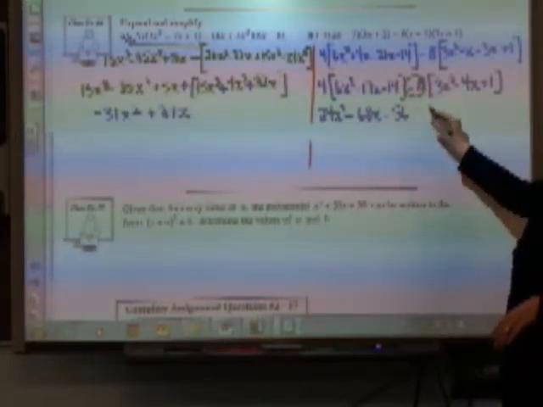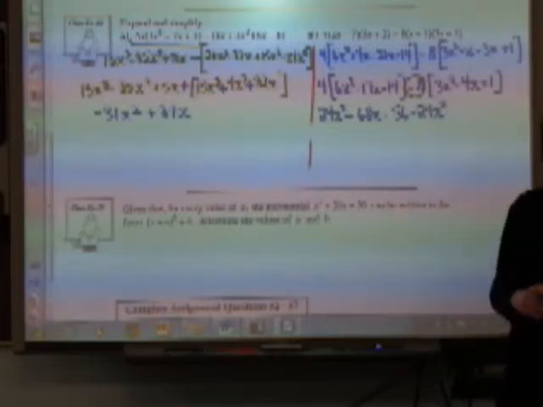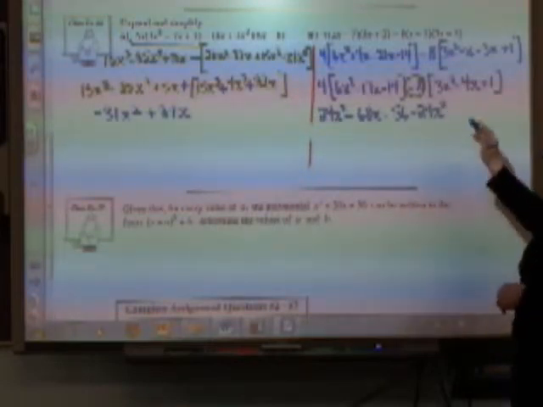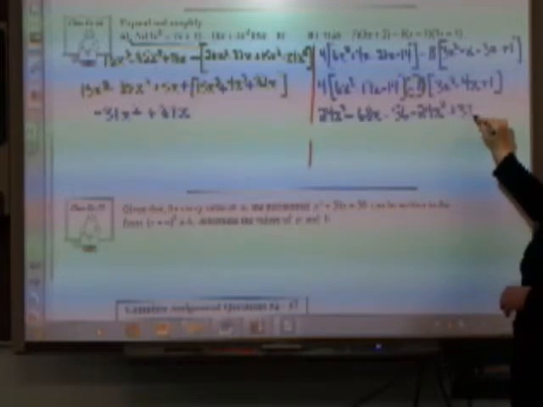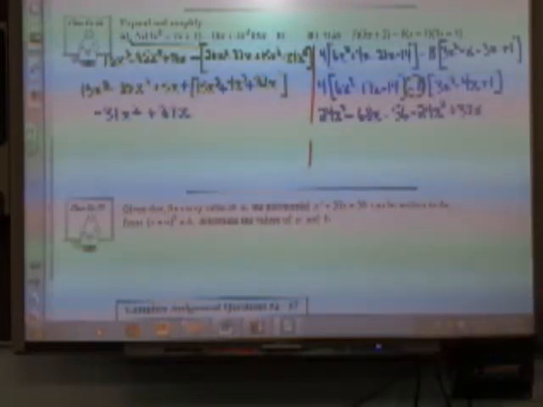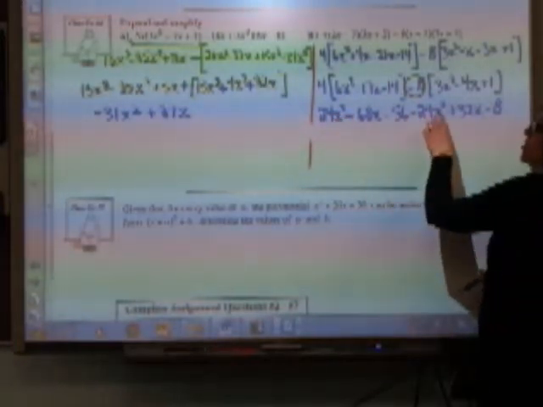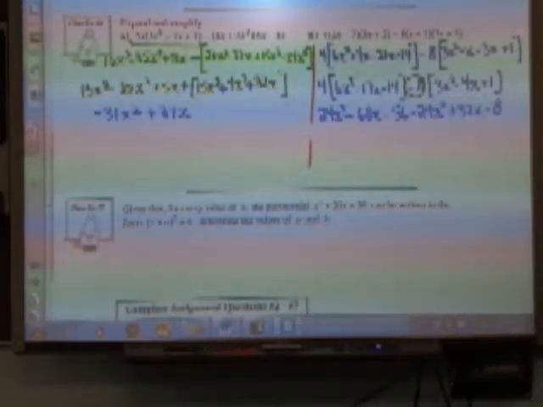Negative 8 times 3x squared will give me a negative 24x squared. Negative 8 times negative 4, I get a positive 32. And negative 8 times 1, I get a negative 8. And then I can collect my like terms. 24x squared minus 24x squared, 0.